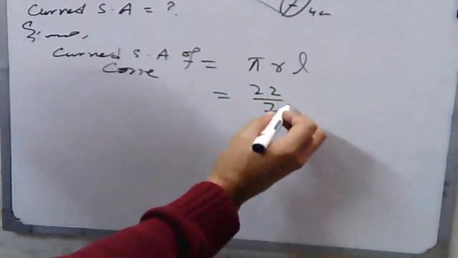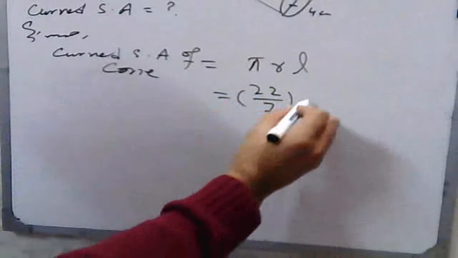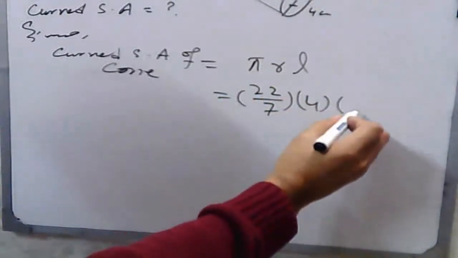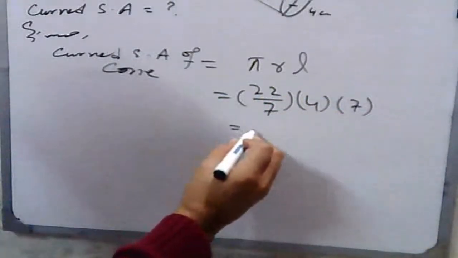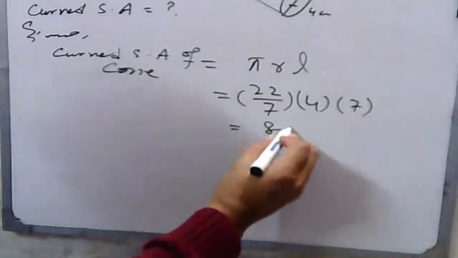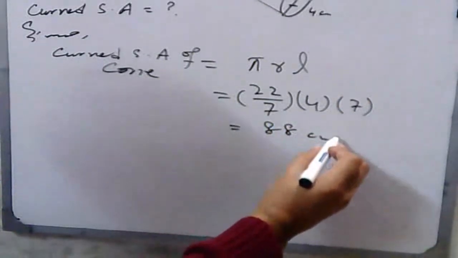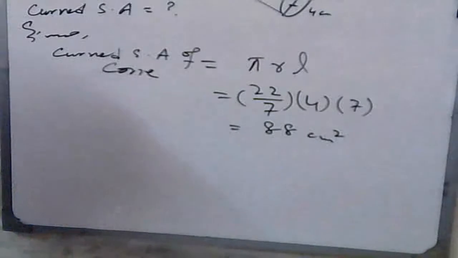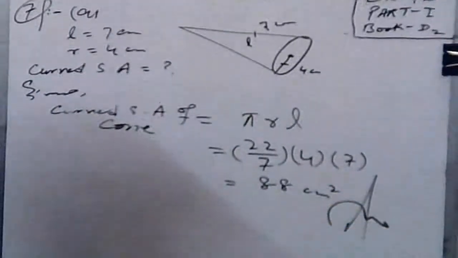So 22 by 7, and the value of R is 4, and the value of L is 7. So after simplification you can get 88 centimeter square. That is your curved surface area of the cone. Similarly, we solve the B part.